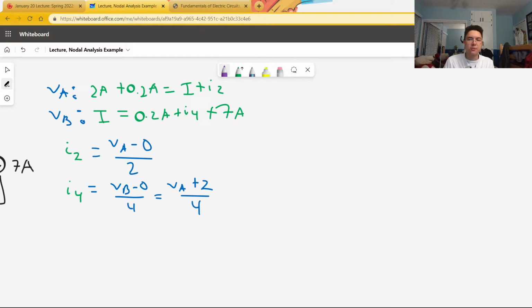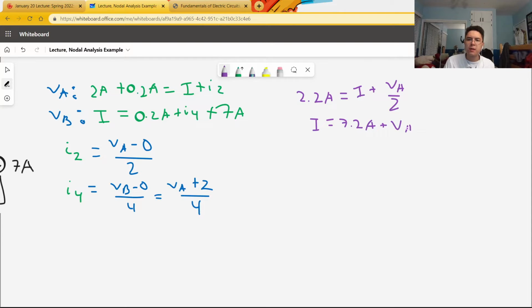Now we'll begin to substitute. 2.2 amps on the left equals I plus VA over 2. Meanwhile, I equals 7.2 amps on the right plus VA over 4 plus 2 over 4, which is 1/2 or 0.5. So this can be rewritten as I equals 7.7 amps plus VA over 4.